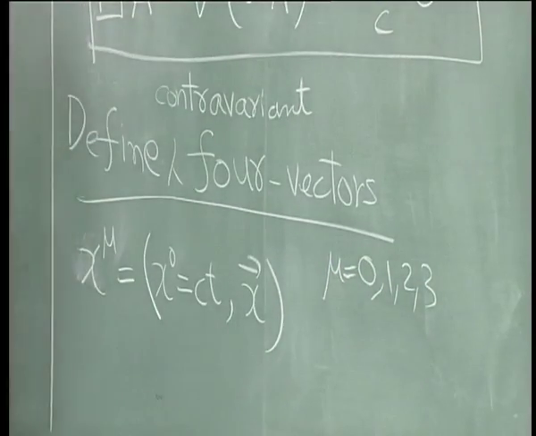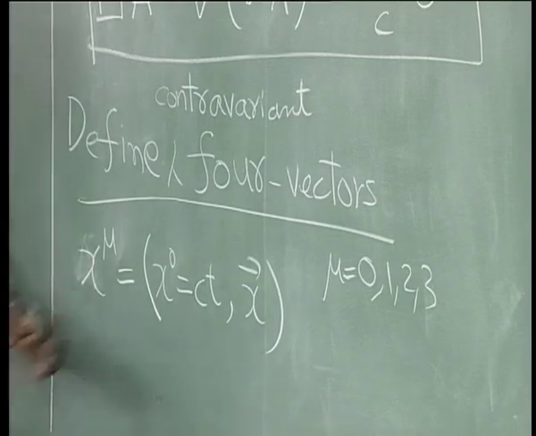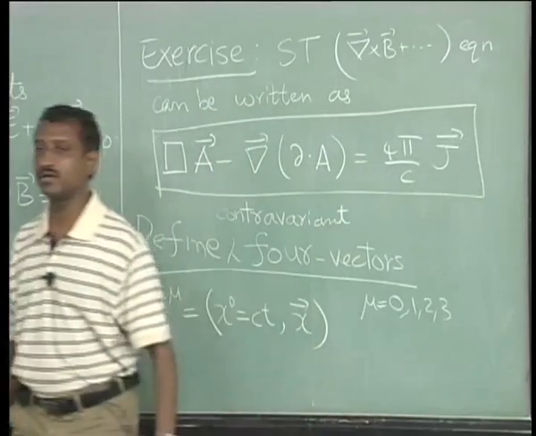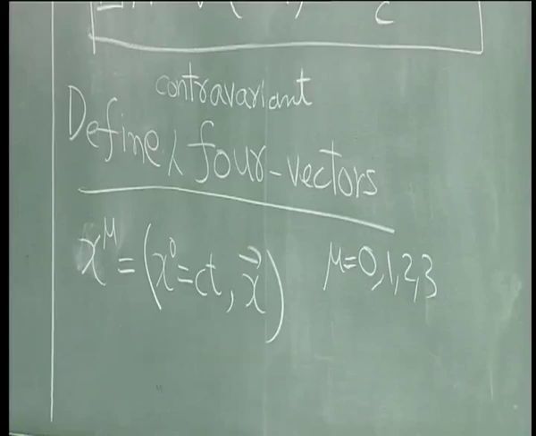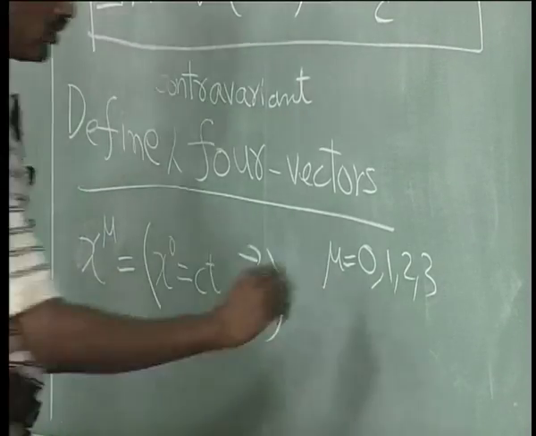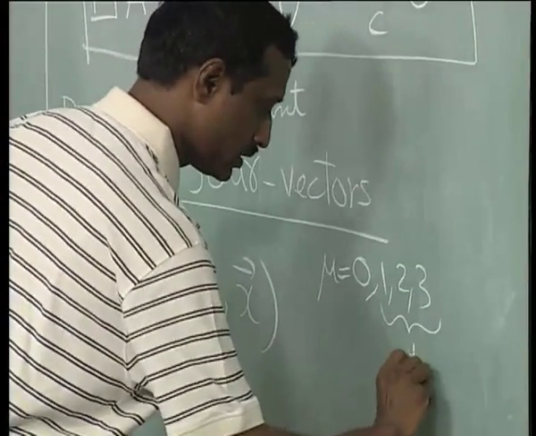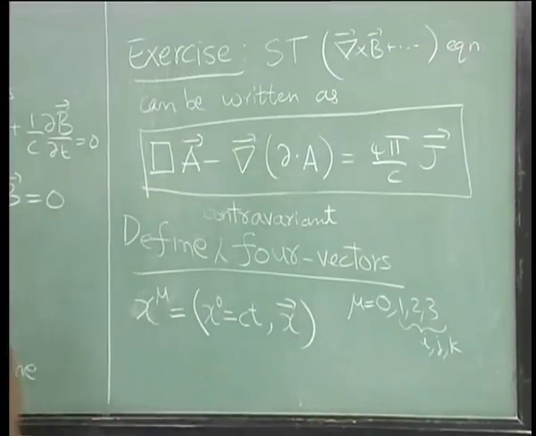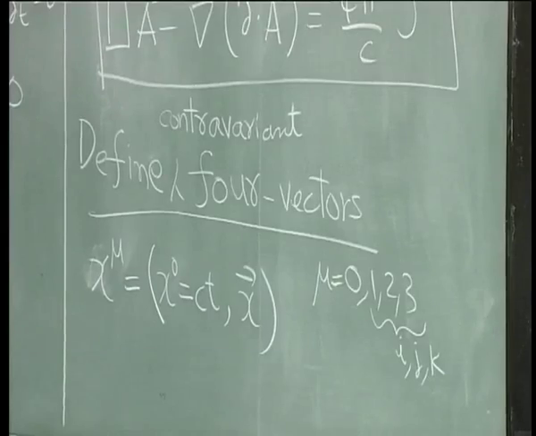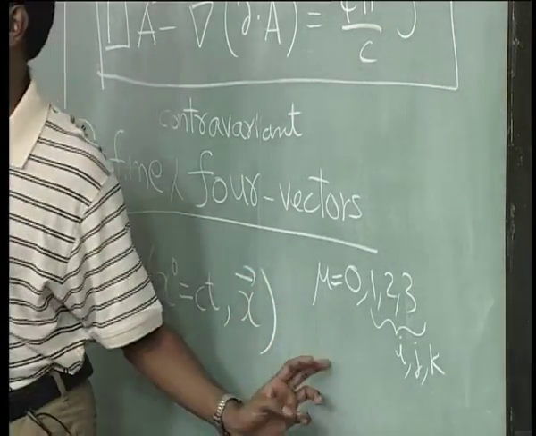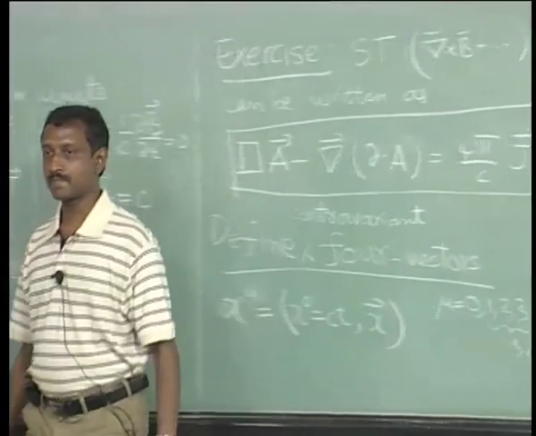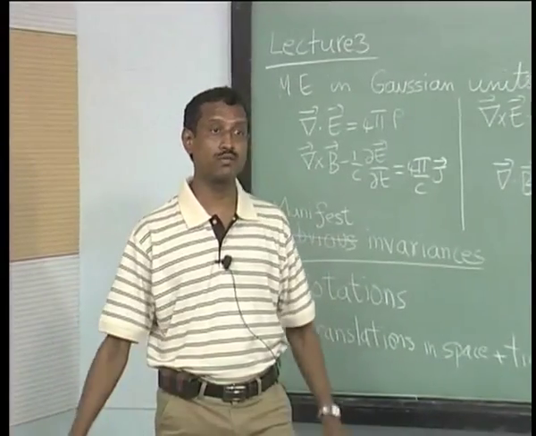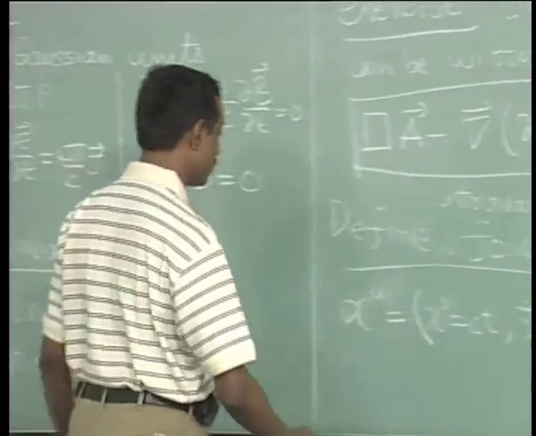So, 0 stands for the time coordinate, and 1, 2 and 3 are the spatial coordinates x, y and z. It is better to write them as this, and we will follow the notation convention that we will use symbols like I, j, k, the Roman ones for spatial indices, and the Greek ones mu, nu, etc. running over these. Okay. This will be a convention throughout this course, virtually no exceptions.